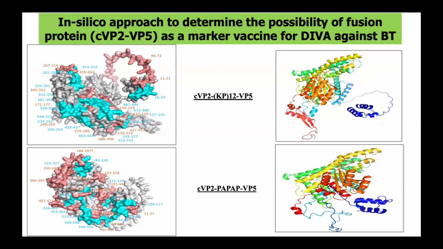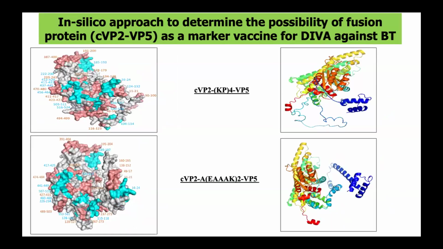As you can see, the many numbers on the left side indicate the immunogenic epitopes present on this protein. That means these can be very good vaccine candidates, because they can generate a very good immune response when administered as a vaccine.